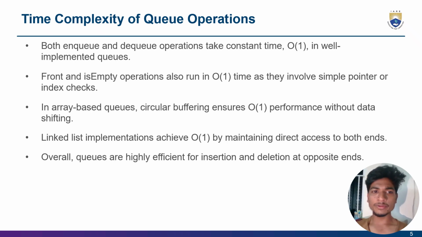In array-based queues, circular buffering ensures O(1) performance without data shifting, and linked list implementations achieve O(1) by maintaining direct access to both ends. Overall, queues are highly efficient for insertion and deletion at opposite ends.